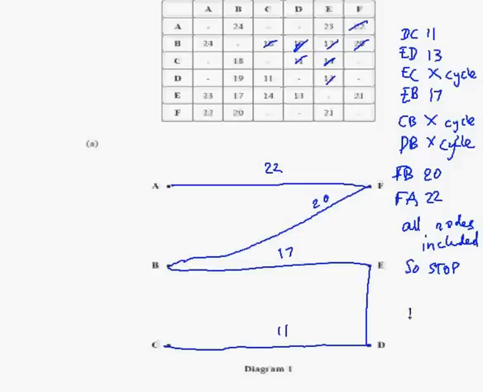It comes to 83. And you can just state that, and we're there. So that is how to complete question 2 from the January 2009 paper.